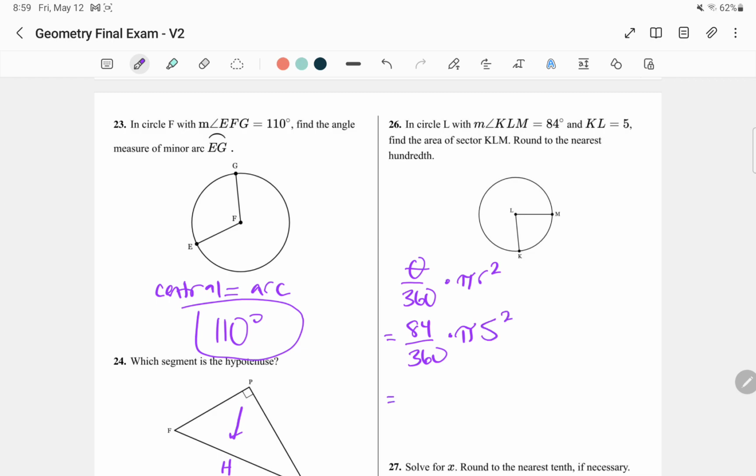How we put this in the calculator is 84 divided by 360 equals times pi times 5 squared, which is 25. So I'm going to put in times 25 and hit enter. And I get 18 point, and then to the nearest hundredth is 0.33 units squared.